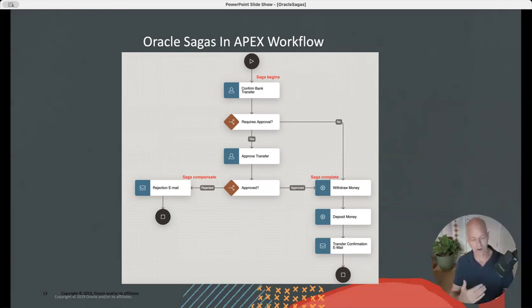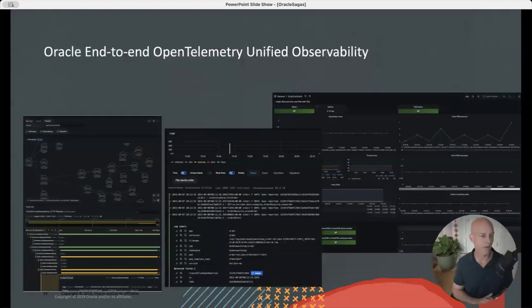And in finance and transfers and things like that, this is a fairly common scenario. So this is the same bank transfer saga scenario, but in Apex workflow and using a manual step of requiring a human approval.